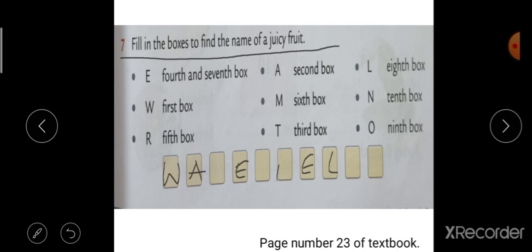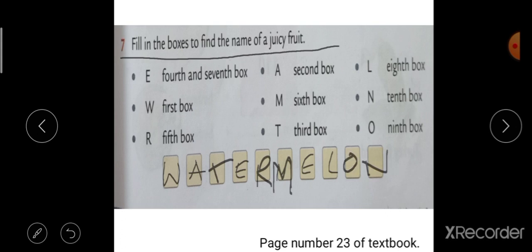M. Okay. M in the sixth box. N in the 10th box. R in the 5th box. 1, 2, 3, 4, 5. R in the 5th box. T in the 3rd box. O in the 9th box.